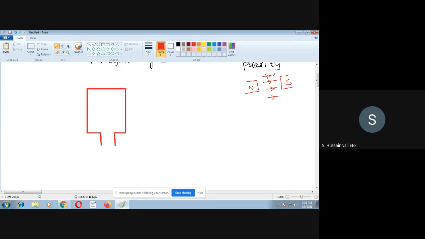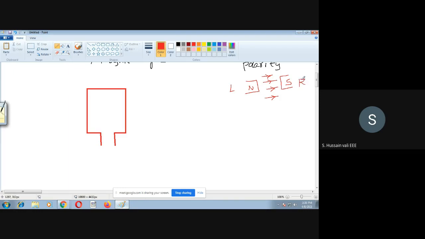The screen is visible to you now. So one pole is behind the screen, the other pole is on the screen. In the sense, see, this is one direction. North pole is left side, south pole is right side. So you have two more directions.